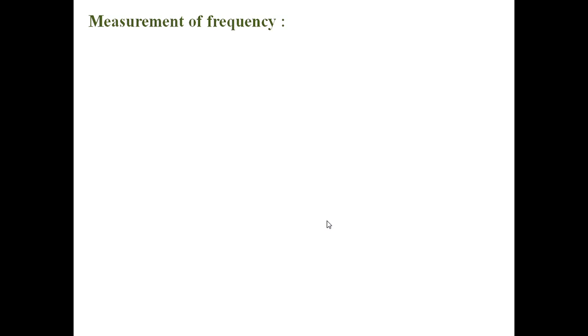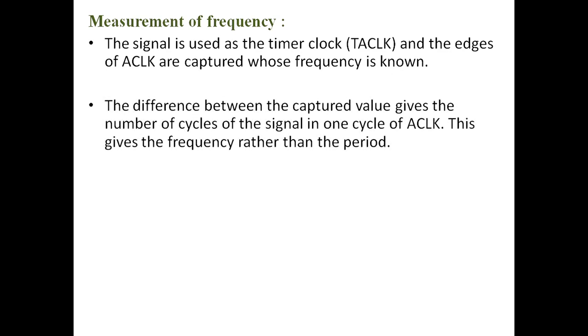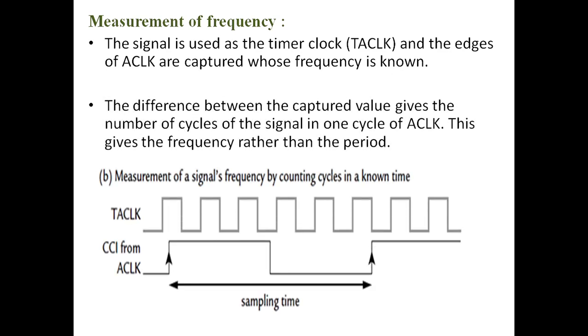Next, measurement of frequency. So we can calculate it using the timer clock. So F equal to 1 by T. Suppose this is the desired period, and this is the on time from active low to active high.